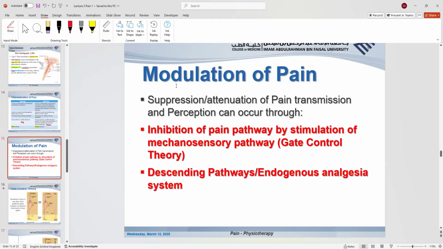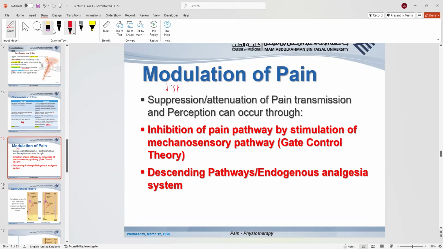Now the pain can be modulated also, meaning the character of the pain can be changed. How? The body itself has been given certain properties. There can be some suppression, attenuation, meaning decreasing of pain transmission and perception because of certain mechanisms.